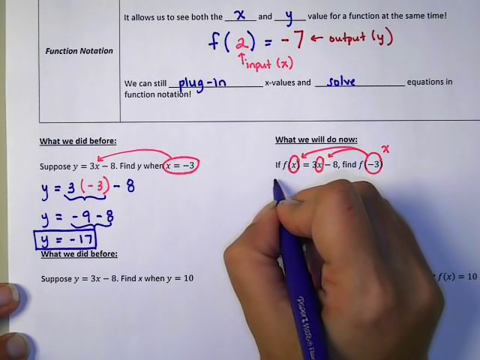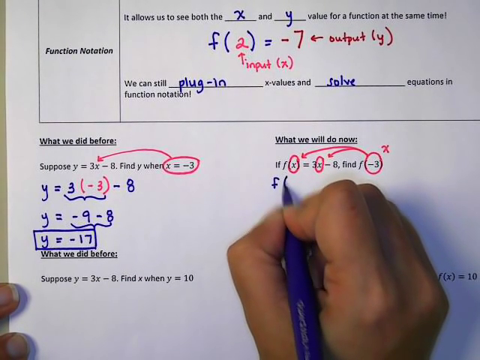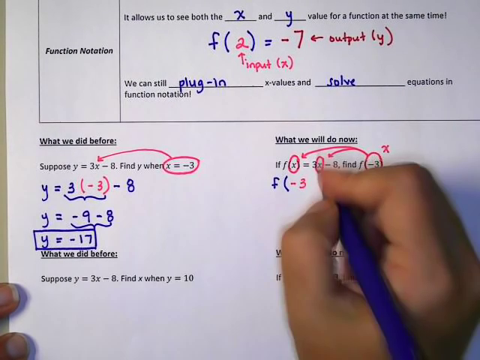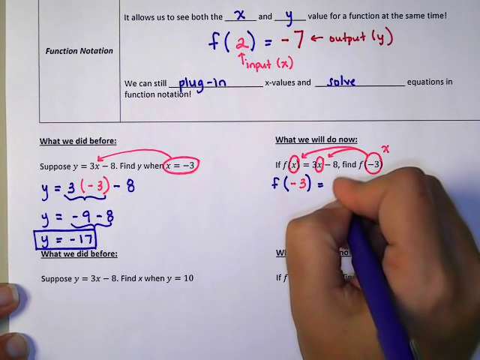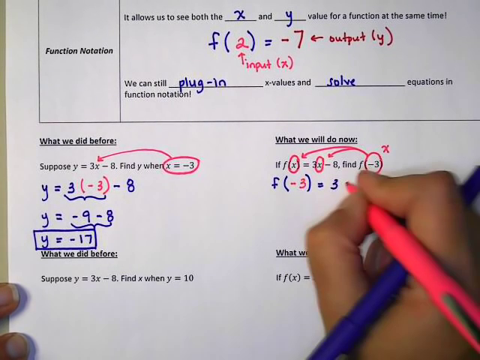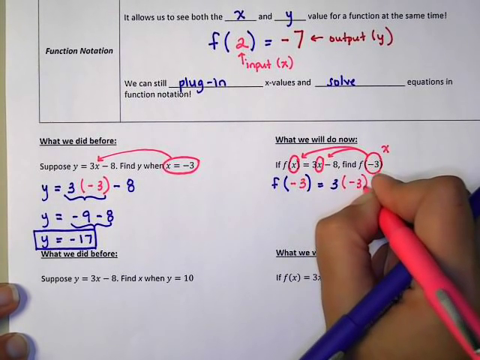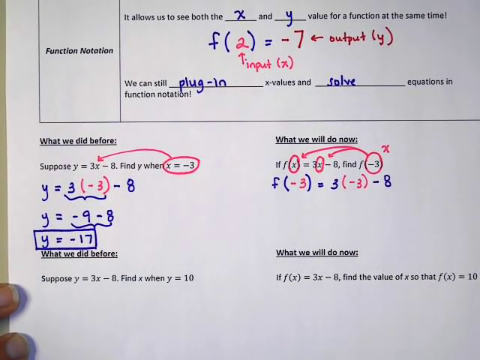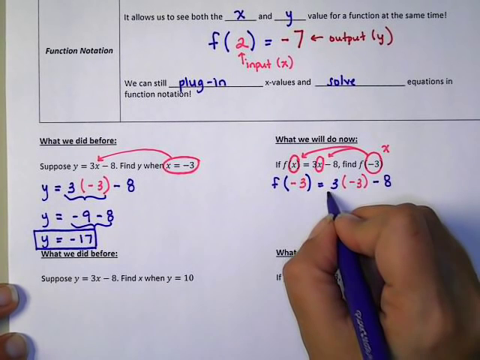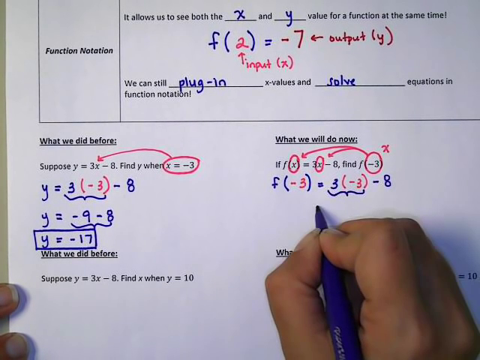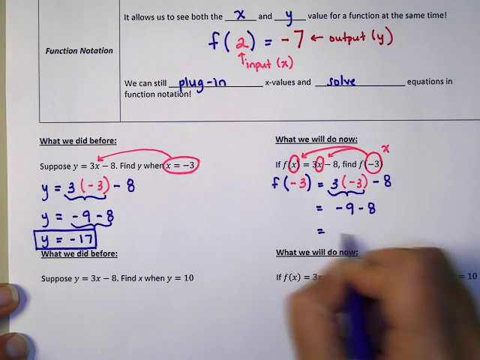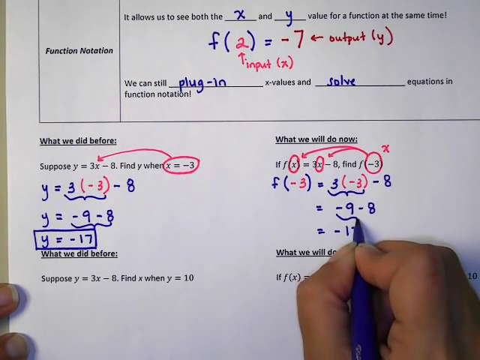So we would write this, f parentheses negative 3, so f of negative 3 equals 3, and then I'm going to replace the x with negative 3, minus 8. Now, just like over here, we're going to start by simplifying 3 times negative 3, which is negative 9 minus 8. And then we're going to have negative 17 as our final answer.